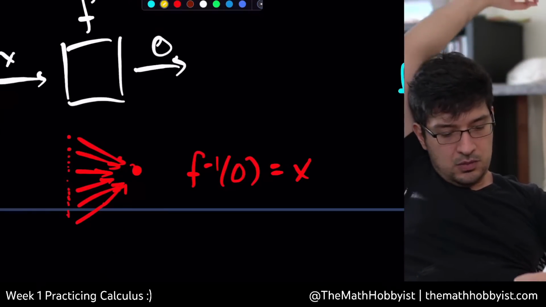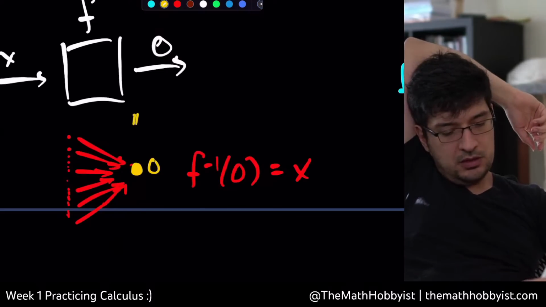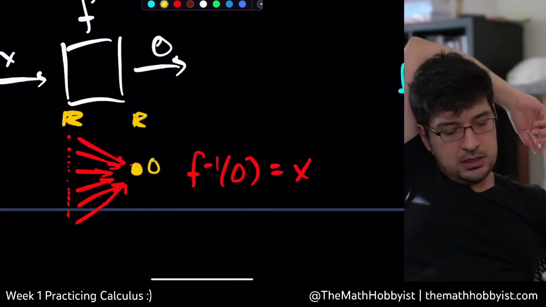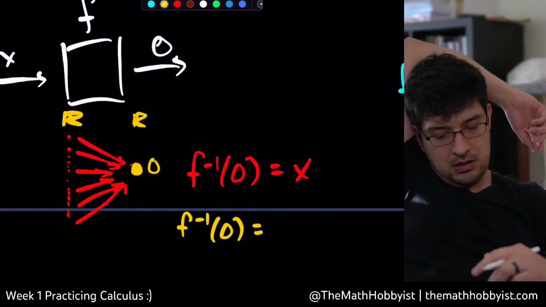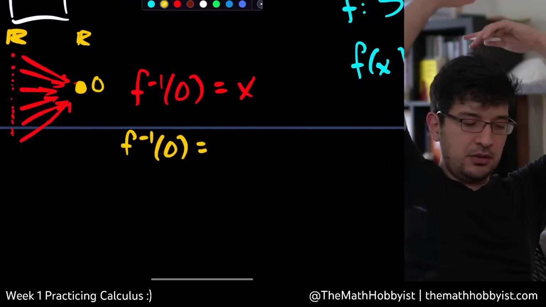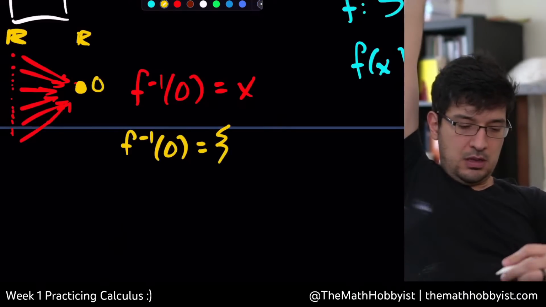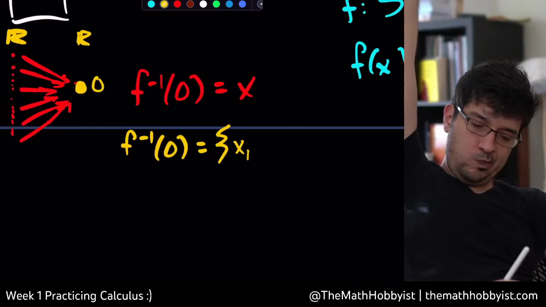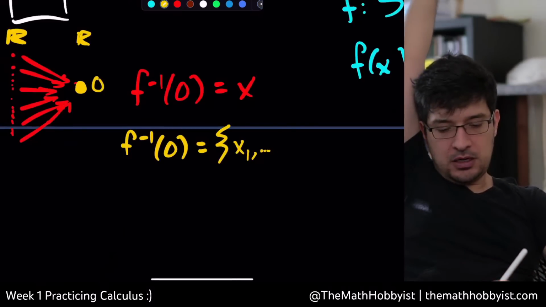That is, for this number 0, which is in the real numbers, what is the preimage? Meaning, what are all of the numbers that map to 0? There might be infinite, and there are infinite in this case.